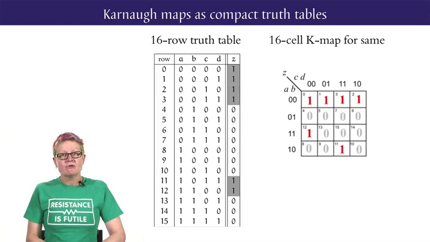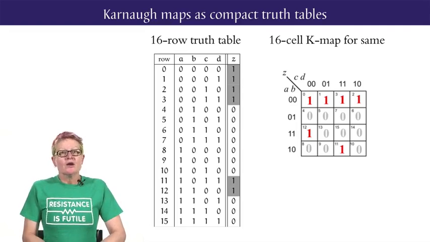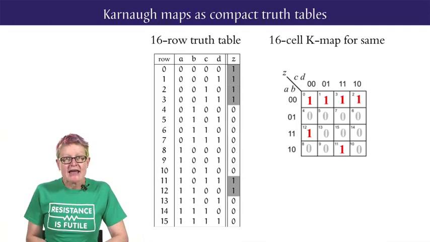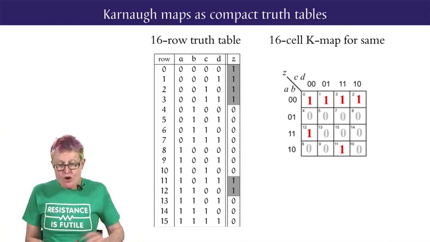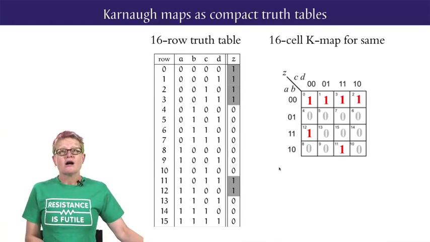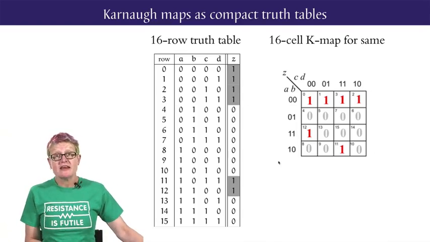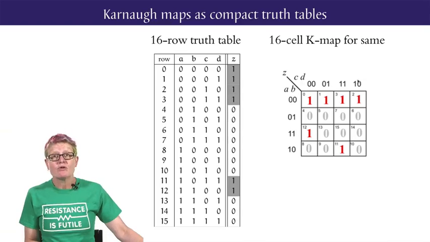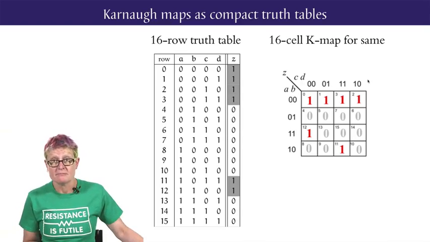As in a truth table, the cells are labelled according to their input combination. 2-bit codes for inputs A and B label the 4 rows of the grid, whilst further 2-bit codes for inputs C and D label the 4 columns of the grid.